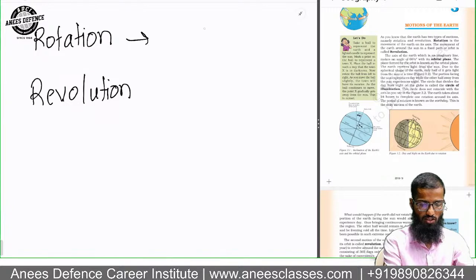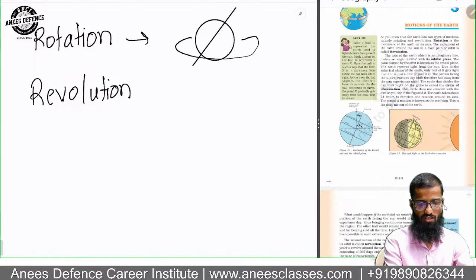Rotation is actually the movement of earth on its axis. This is called rotation, movement on the axis. What is revolution?